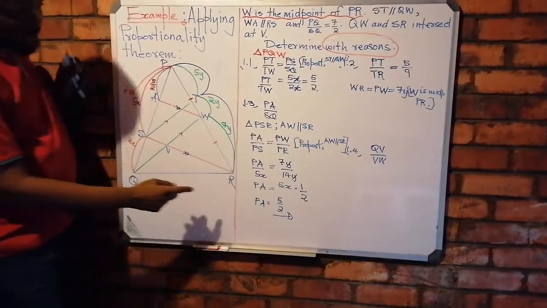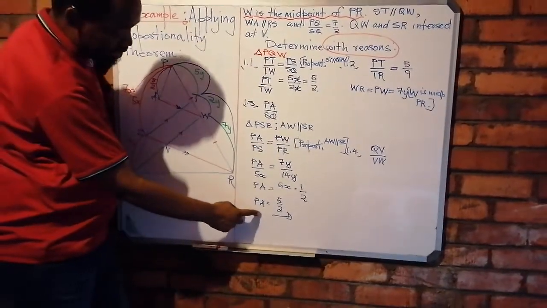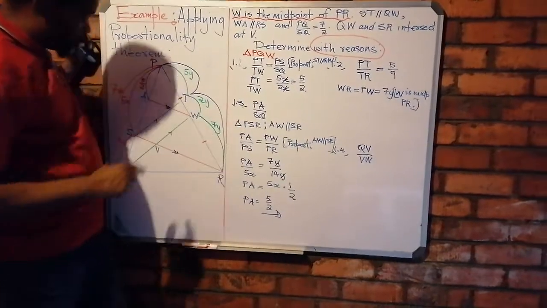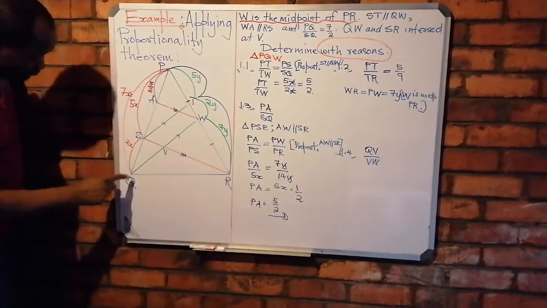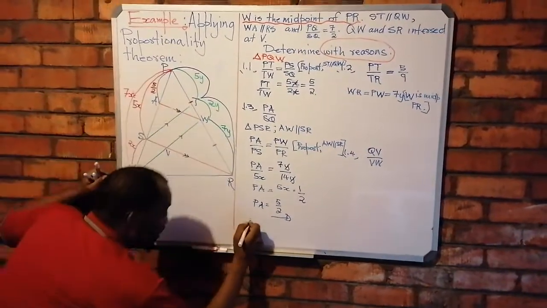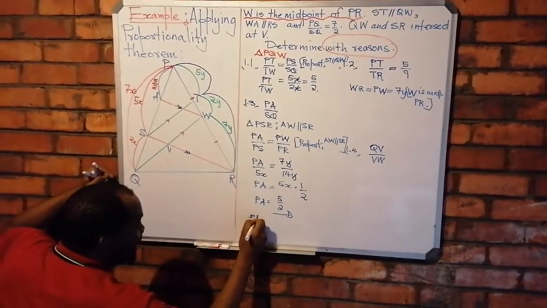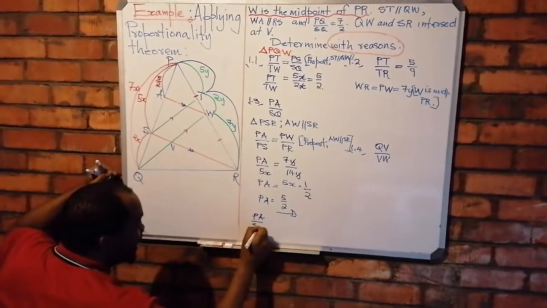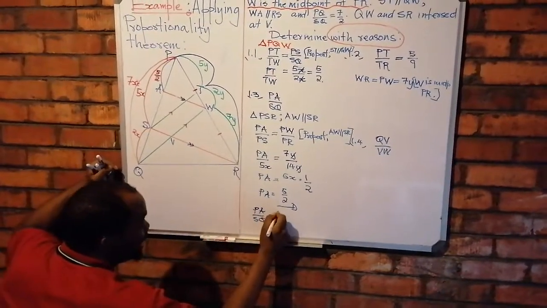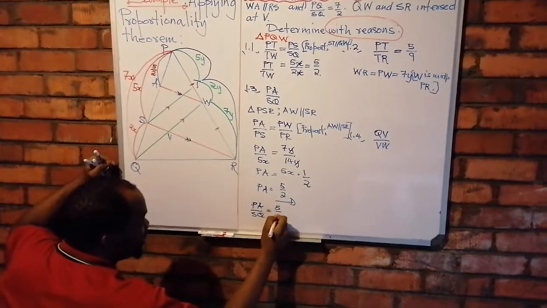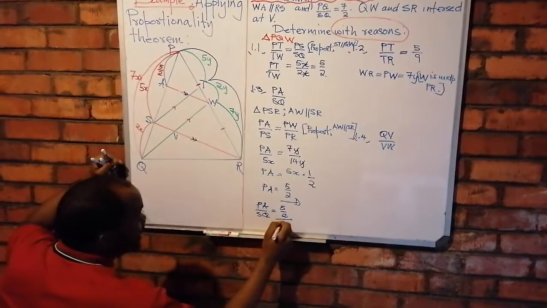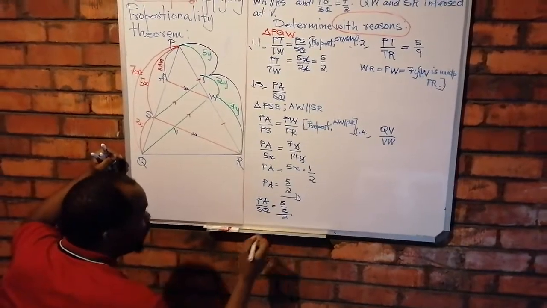Now, we can answer the question. The question was, what is PA to SQ? PA divided by SQ is equal to 5 divided by 2, all divided by 2.